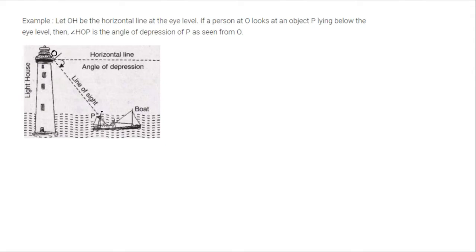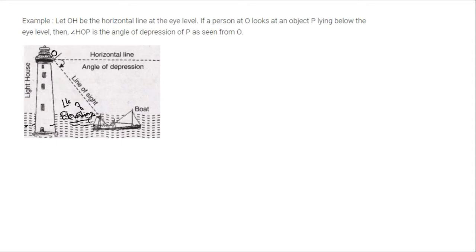If you reverse the situation, if the person is at point P, he becomes the observer, and if he is observing the point at the lighthouse, the angle found between the horizontal and the line of sight will be the angle of elevation. This becomes the angle of elevation.